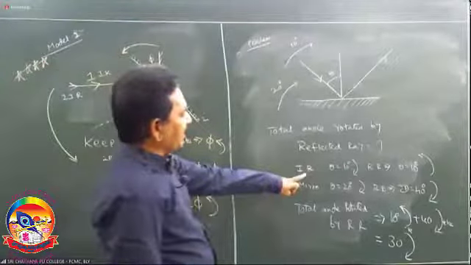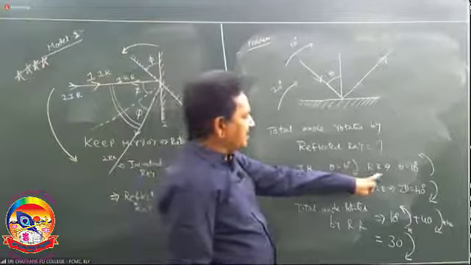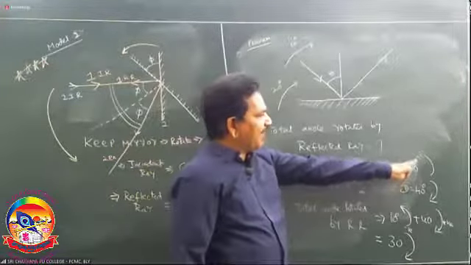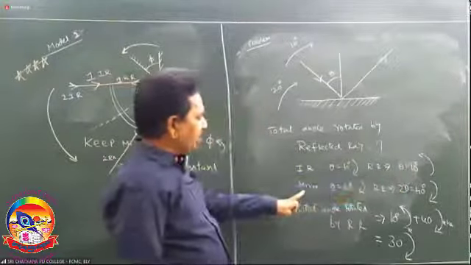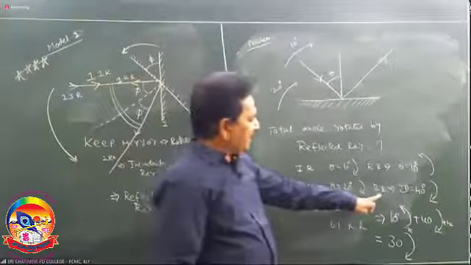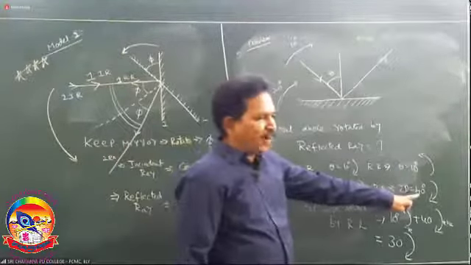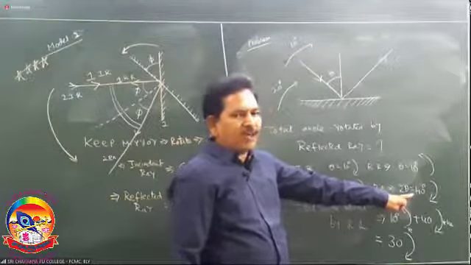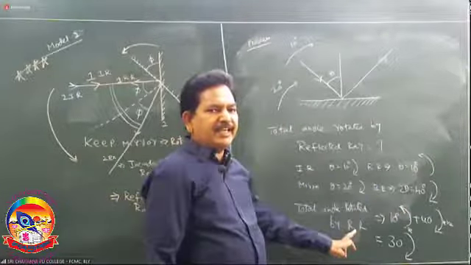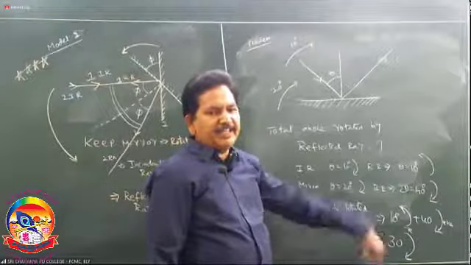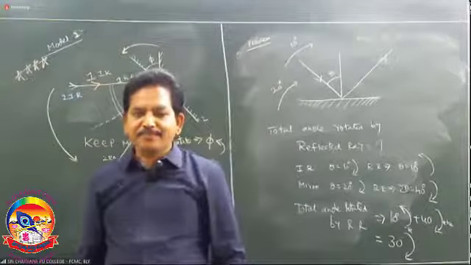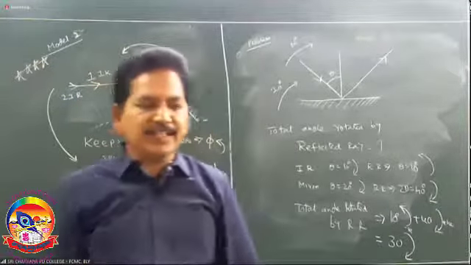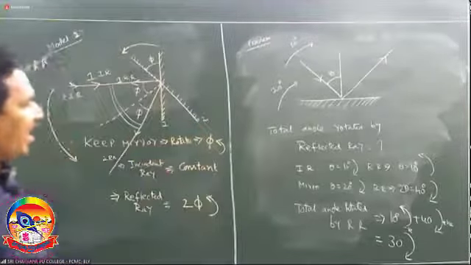Due to the incident ray rotation, it rotates by 10 degrees anti-clockwise. Due to the rotation of the mirror, the reflected ray rotates by 40 degrees clockwise. Net rotation is 30 degrees clockwise. Like this, we can study the rotation of the reflected ray.